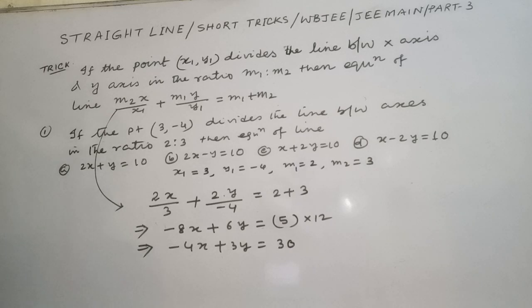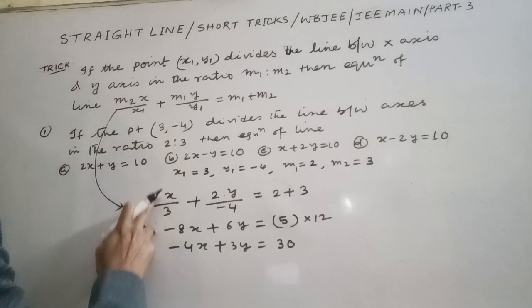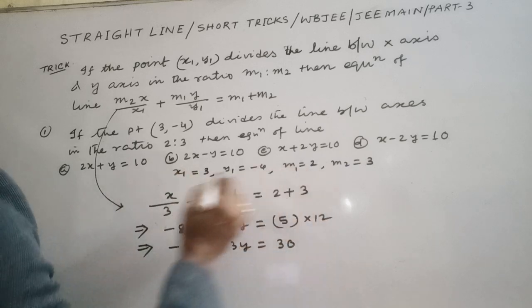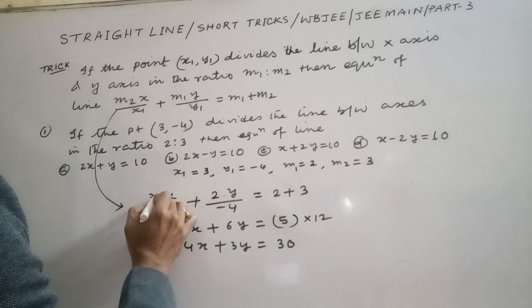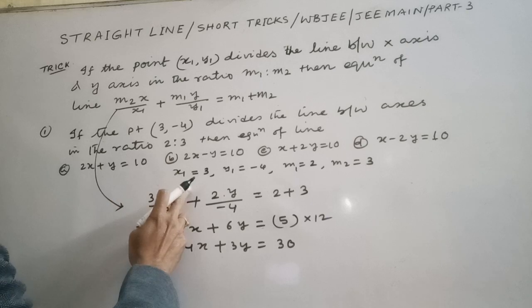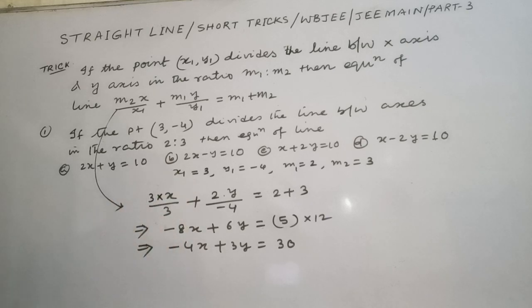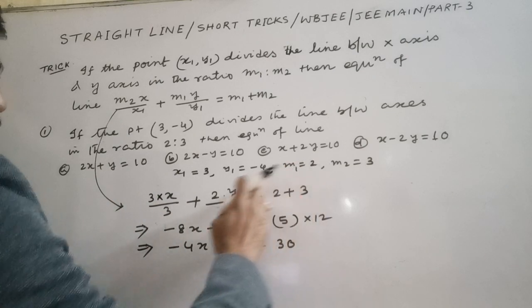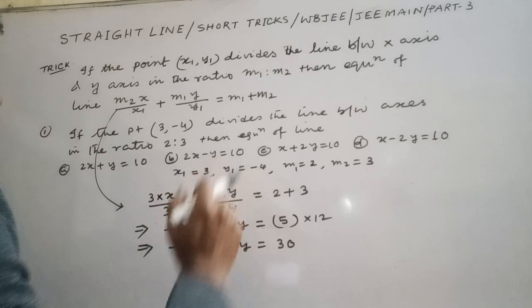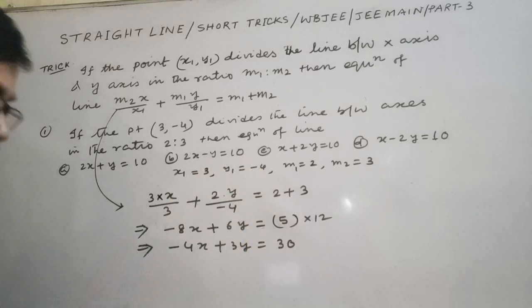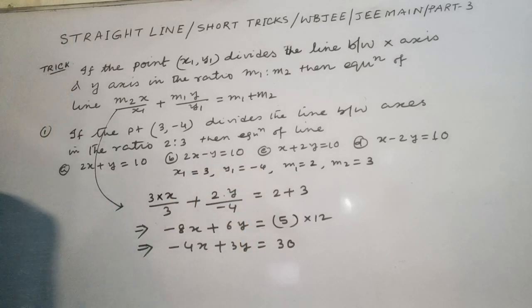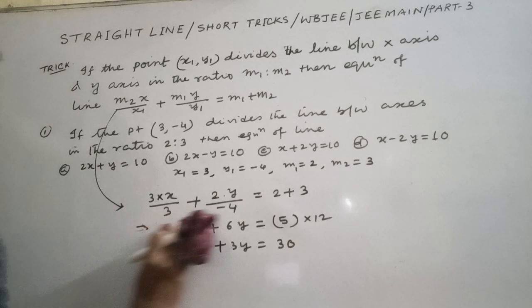So let us verify. m2 is 3, so 3 into x by 3 plus 2 into y by -4 equals this. So 3 cancels out.